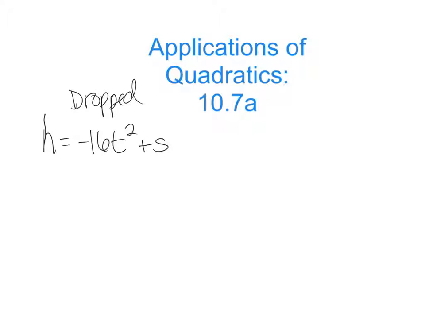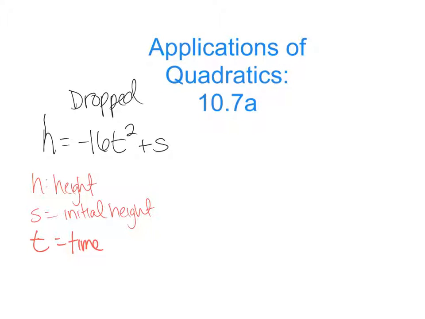So let's identify some things that you need to know. h is height. s is initial height. Initial height means what did you drop it from? What was your starting height? Then t is time, obviously, right?